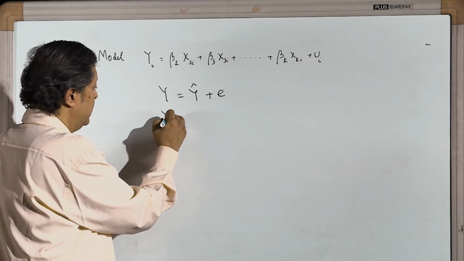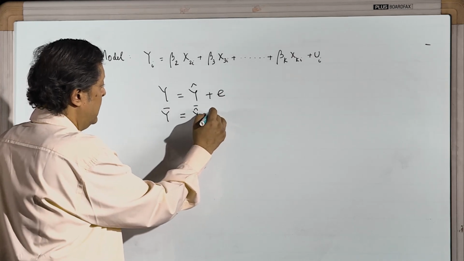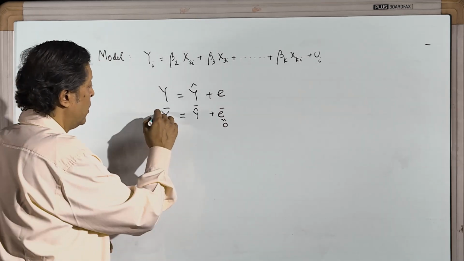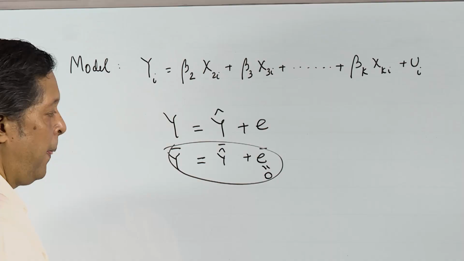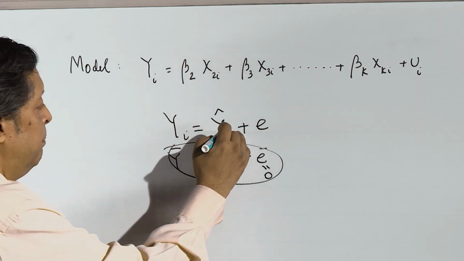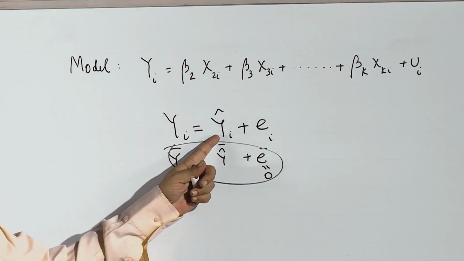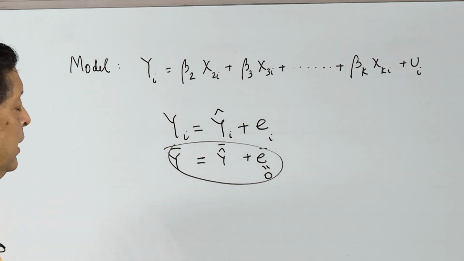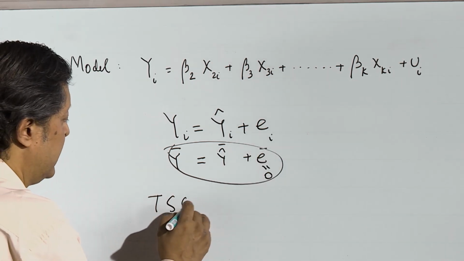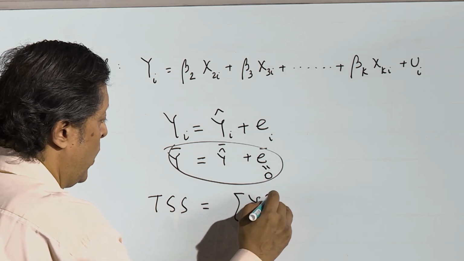Earlier we had been able to write y bar is equal to y hat bar plus e bar because this was equal to 0. Now, this condition is no longer valid. So, we have to go by the method of decomposition where we say y_i is equal to y hat_i plus e_i.